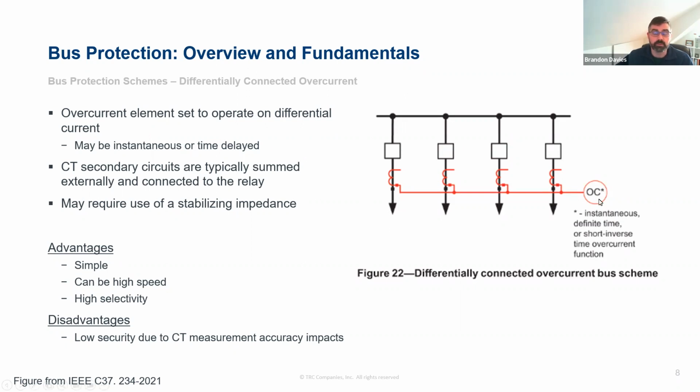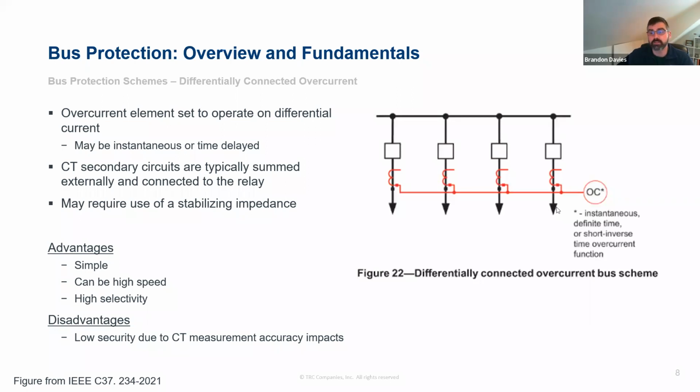And if the differential current goes above a threshold for that required amount of time delay, the element trips, stating that there's a fault on the bus, and then the trip output of the relay would be wired to a lockout, which would trip and block close all of the breakers.